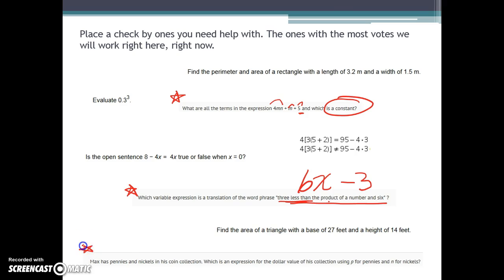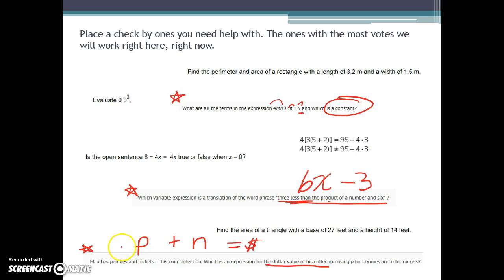Last one, Max has pennies and nickels in his coin collection, which is an expression for the dollar value of his collection? That's what we're wanting. Dollar value is going to equal whatever we come up with, using P for pennies and N for nickels. So we know he's got some number of pennies and nickels in his collection and that they will equal some kind of value.